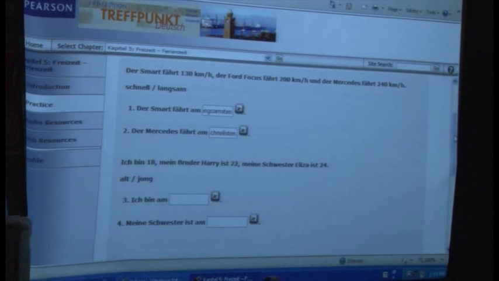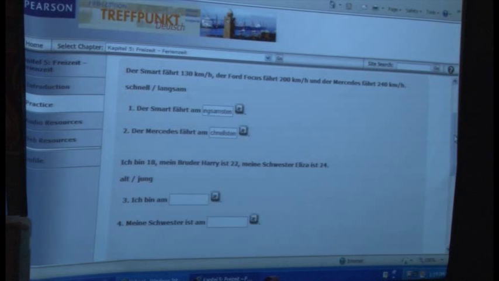Why? Because we're referring to fahren. Ja? Of course you could say der Smart ist der langsamste Wagen. But then it would be, oh, it's the slowest of the world. We're not saying that really. We don't have enough to compare. But I mean, you could, if you decide to use that structure, then you use der langsamste Wagen.